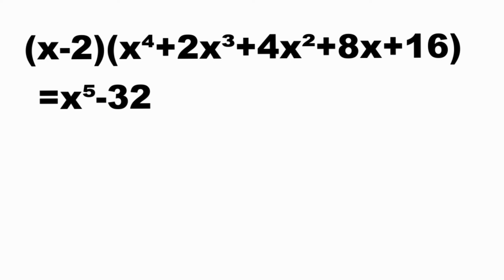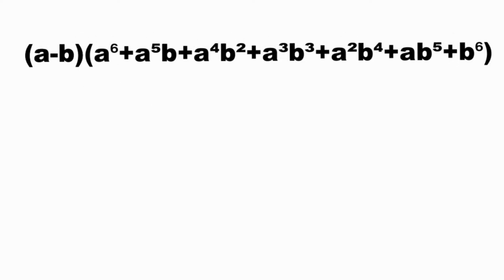So for this one, the next odd number after 3 is 5, and the next odd number is 7.